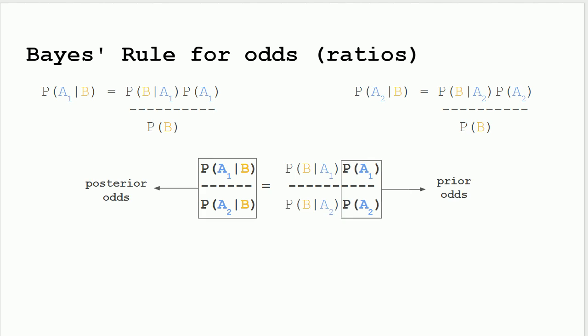The different parts have different meanings. This is the prior odds right here, how much you believe your belief 1 over your belief 2. This is your posterior odds, how much you believe 1 versus how much you believe number 2, given the evidence. If this number is greater than 1, you say belief 1 is stronger, and if it is less than 1, you say belief 2 is stronger.